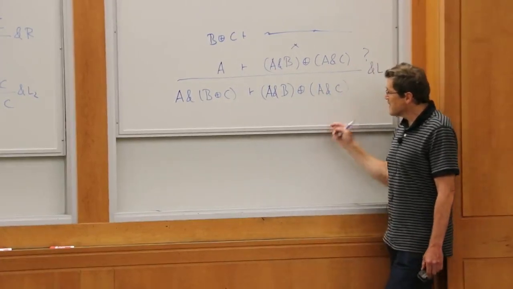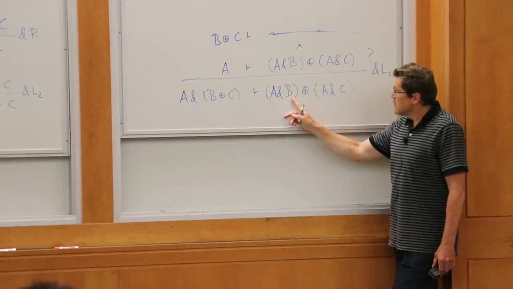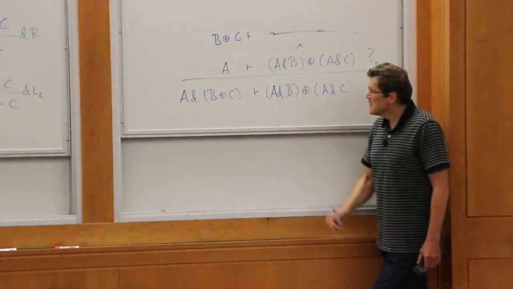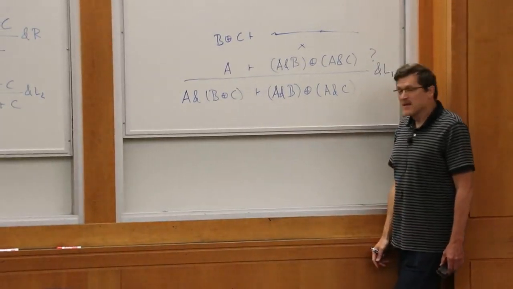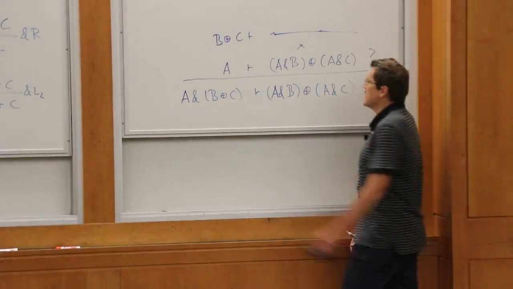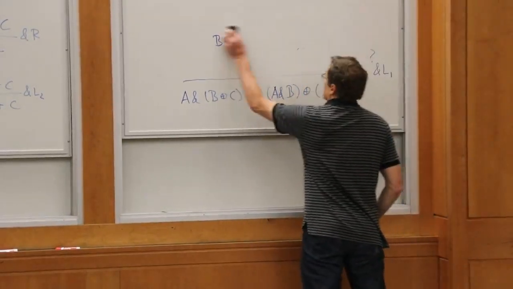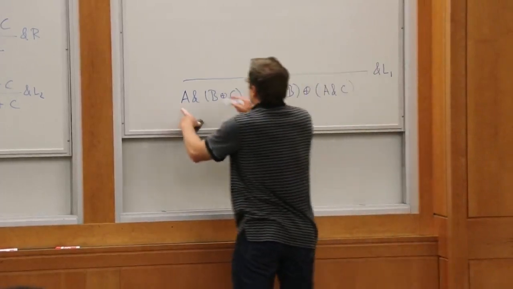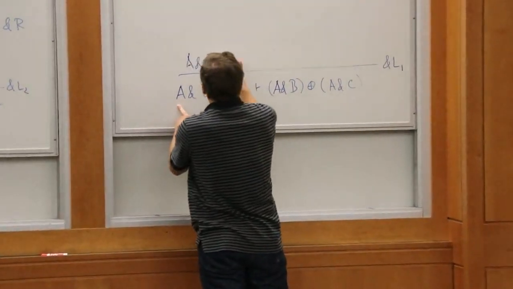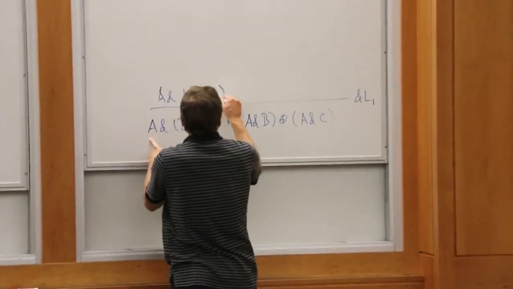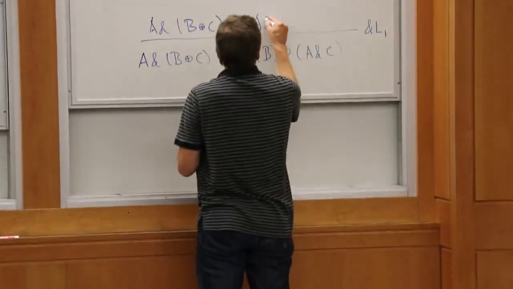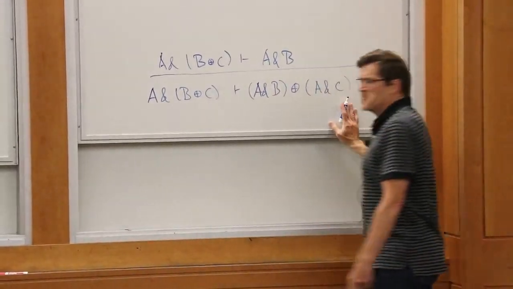Now, can we start on the right? Can we prove A with B from A with B and C? That looks a little more plausible. Okay, so let's try that. All right, so we have A with B or C proves A with B. And if you tried this, it would be symmetric, right?